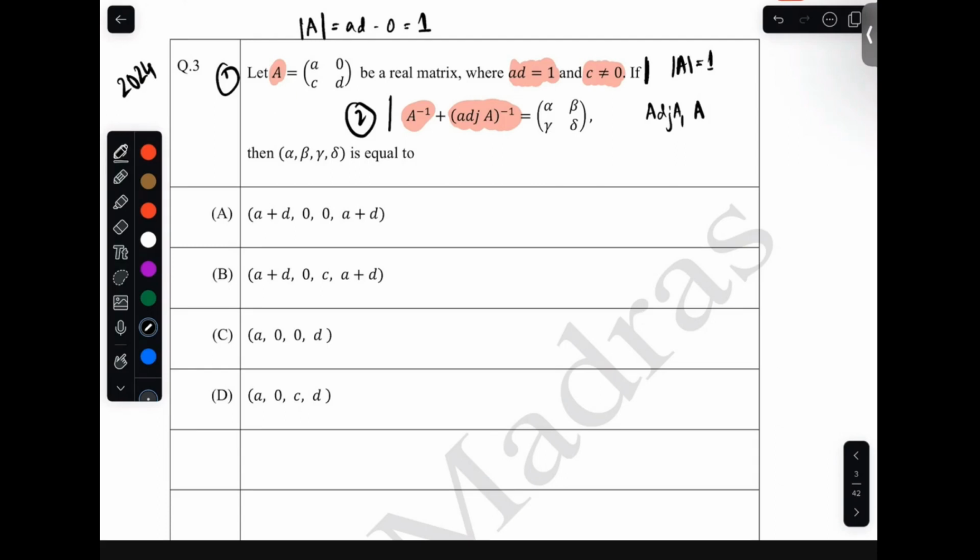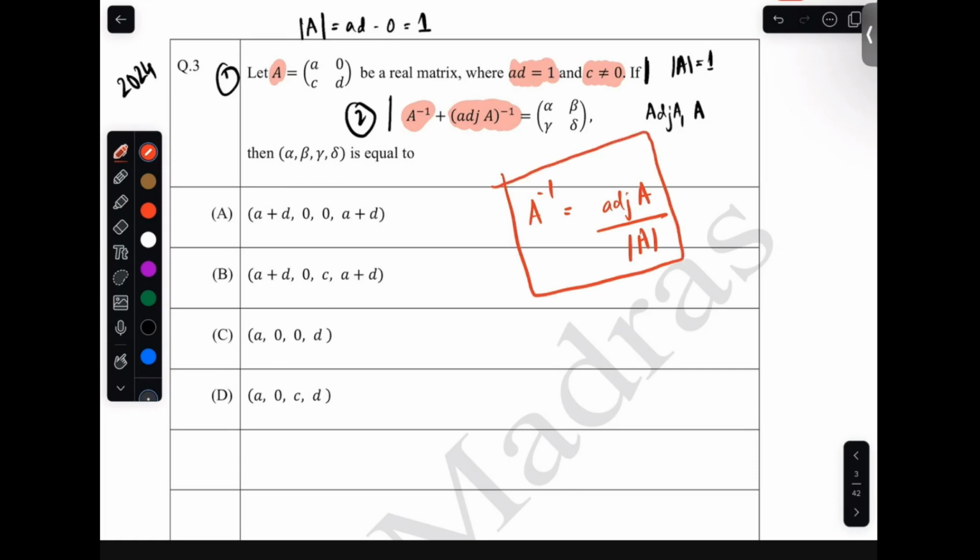Rather, A. So essentially there is something to note, something to understand between A and adjoint of A. So now I will ask what relationship do you know about A and adjoint of A? A inverse is equal to adjoint of A by determinant of A. So you can see that this makes sense now, right?